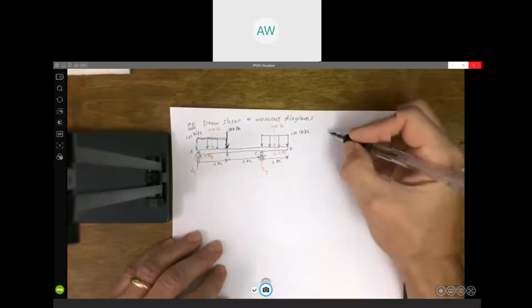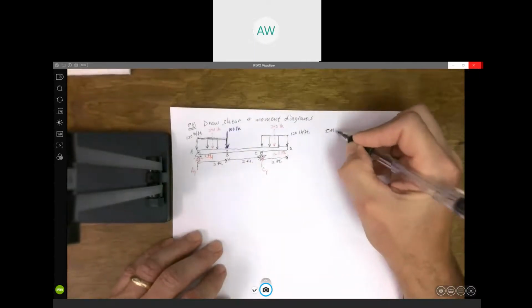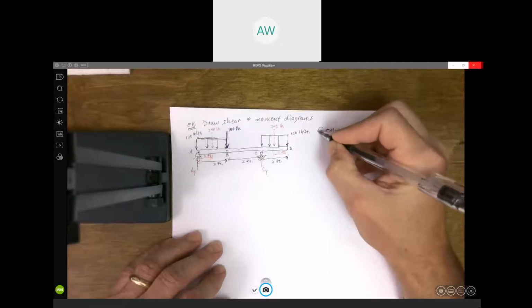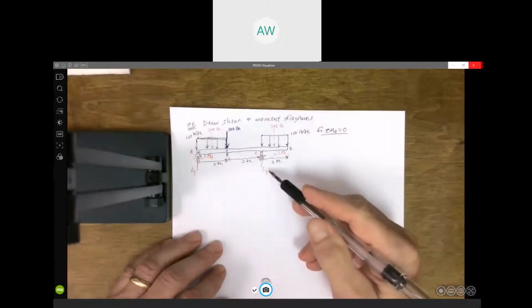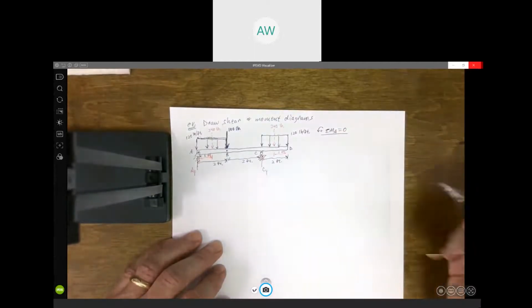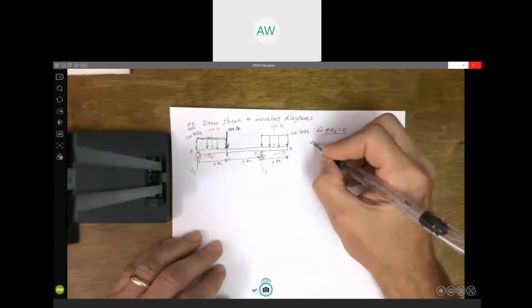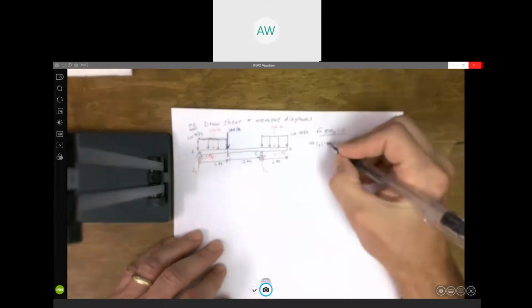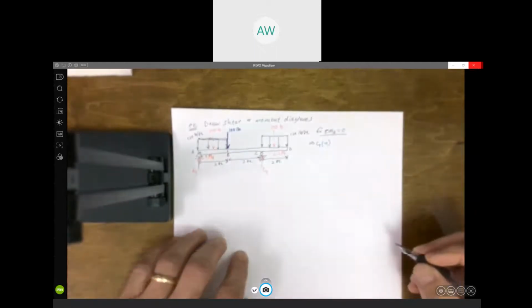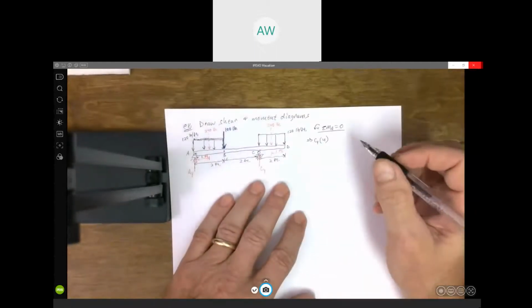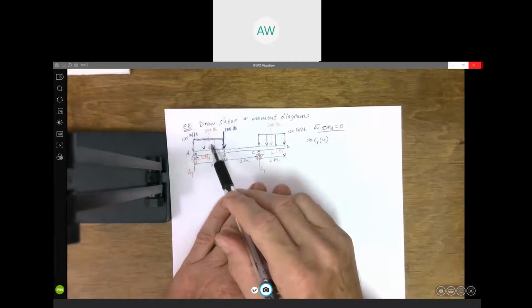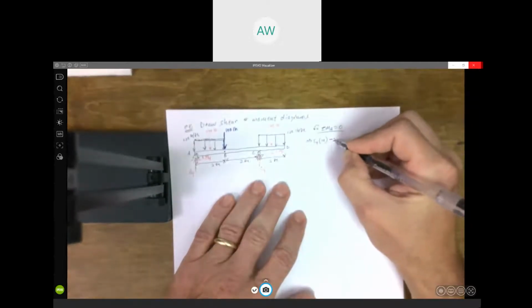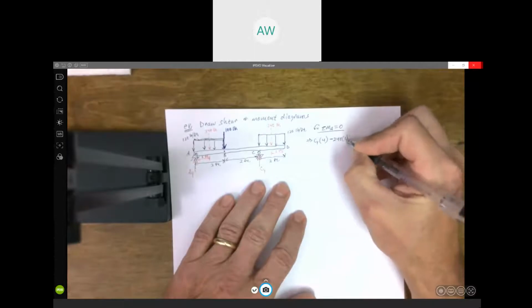Right? So when we sum the moments, I'm just going to sum the moments about A, set that equal to 0. And we should be able to find what CY is. So we've got CY times 4 feet away from point A. And we've got this 240 pounds causing a clockwise moment. So minus 240 times 1.